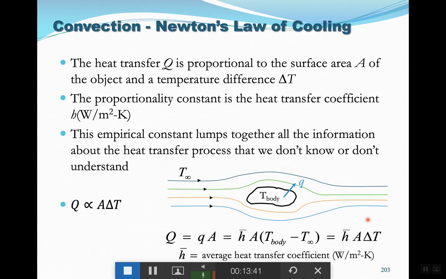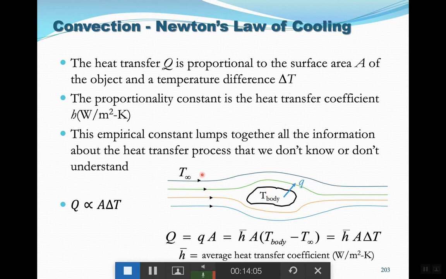So let's look at the convection equation. Convection equation comes from something called Newton's law of cooling. So basically the heat transfer, which is Q, is proportional to the surface area of the object and a temperature difference.